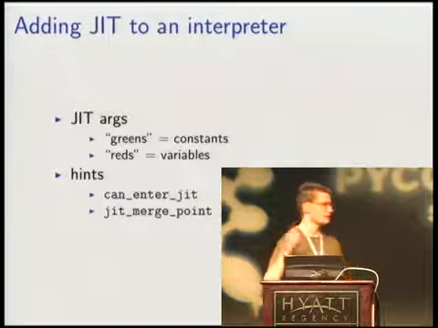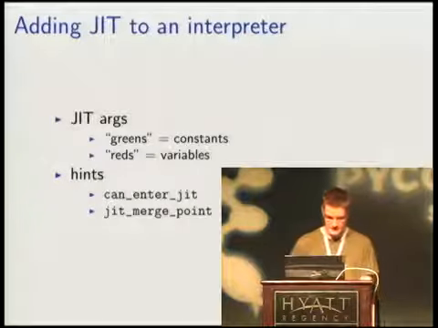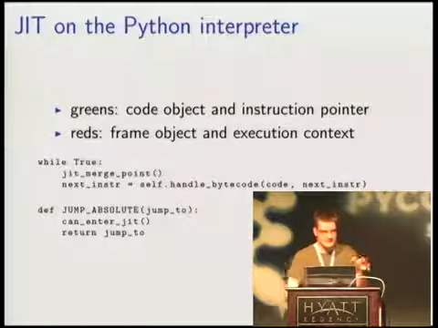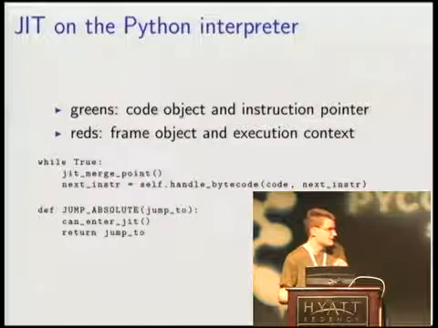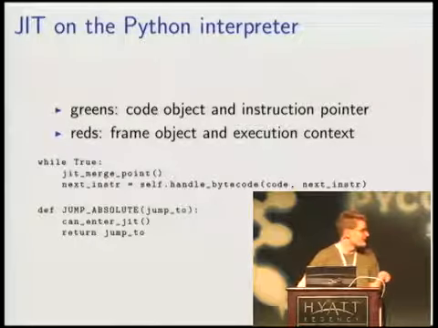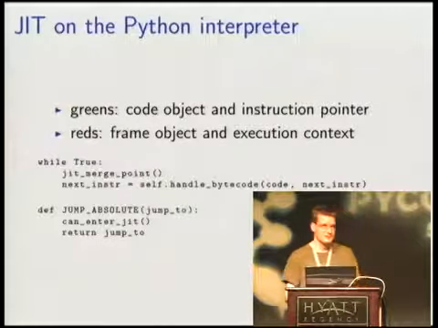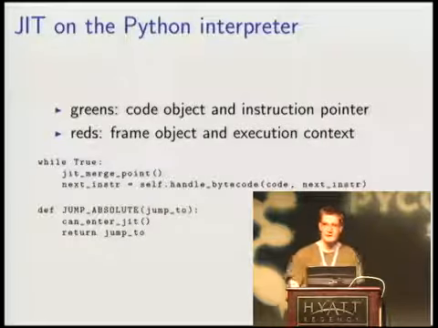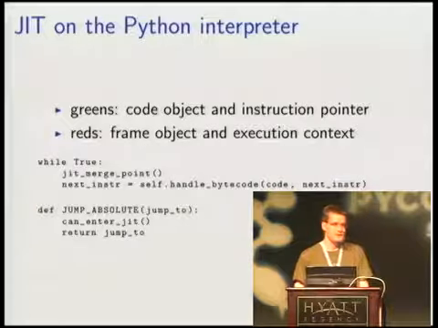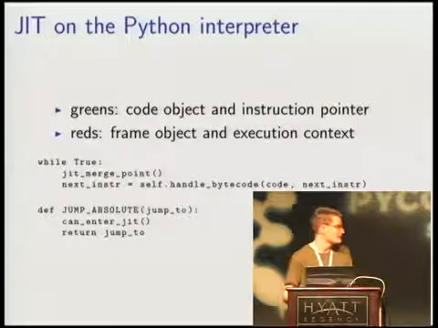Let me show you what's in the Python interpreter. The constant arguments are the code object and the instruction pointer, because when we enter the JIT, those are always going to be constant for a given loop. Then the reds are the frame object and the execution context. In the Python interpreter, the frame object stores the local variables and the value stack for a Python frame, and the execution context stores thread-local data, like exception state.